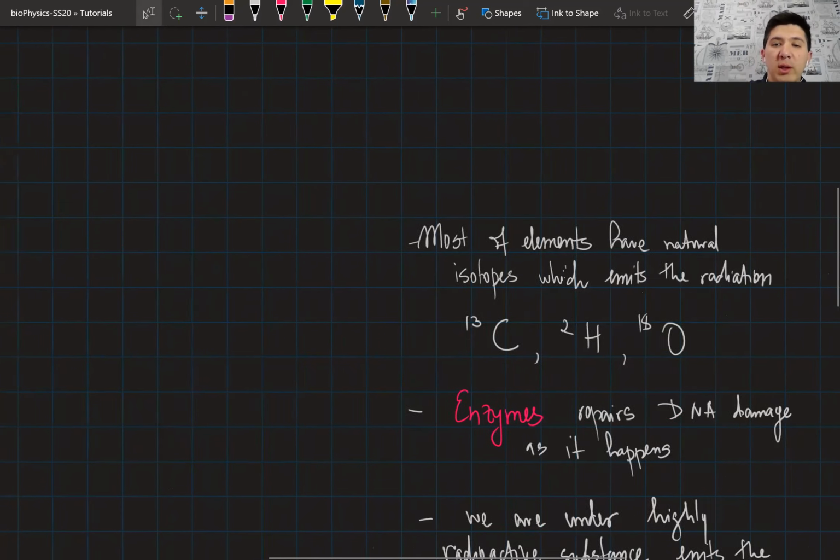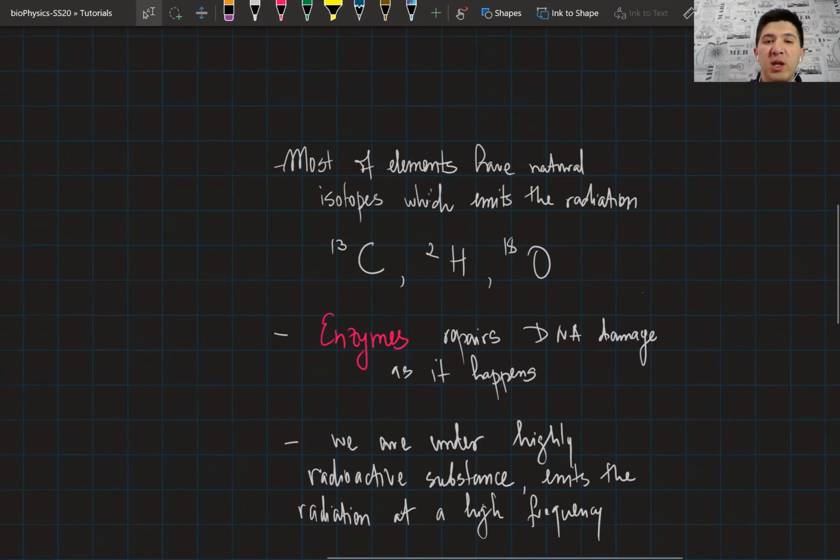In our organs, most of the elements have natural isotopes which emit radiation, even in our human body, even the carbon, hydrogen, or oxygen. They emit radiation every second inside our body. And luckily, we've got enzymes which repair the DNA from the damage as it happens.